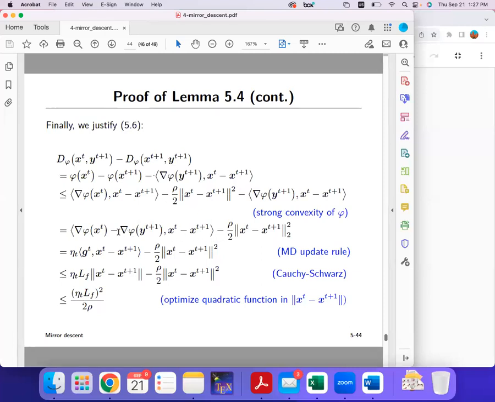After that, by the mirror descent update rule, this difference of gradient terms is essentially the step size times the subgradient. This is just by the mirror descent update rule in its alternative form.